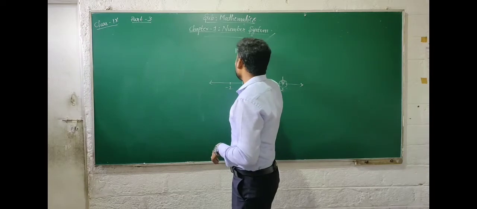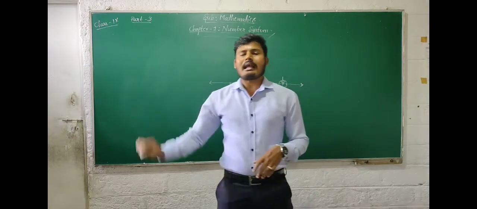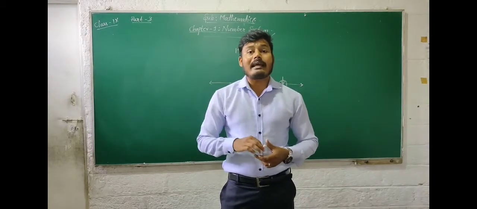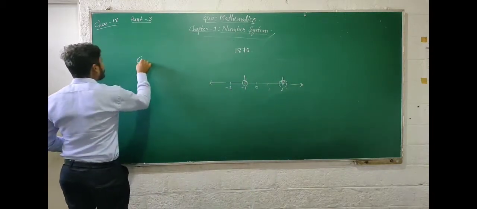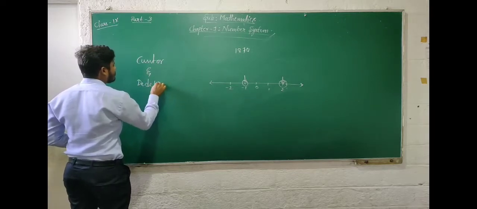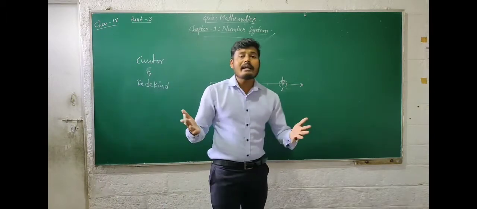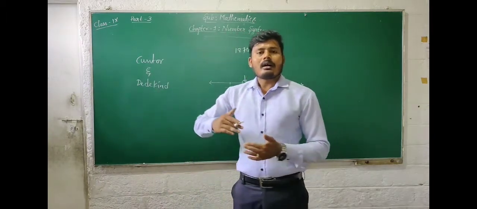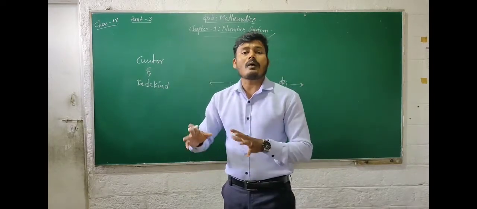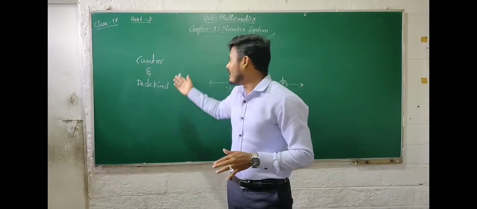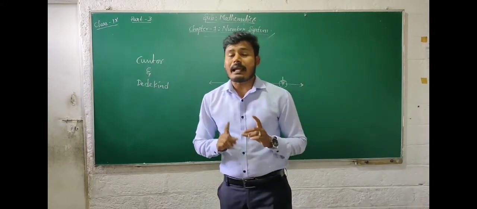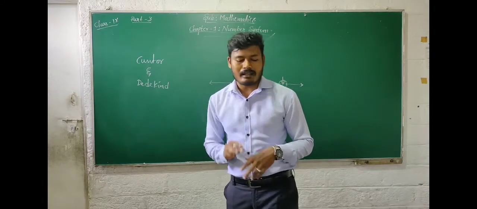In 1870, two great German mathematicians, Cantor and Dedekind, gave an idea of how to locate every real number that exists on the number line.